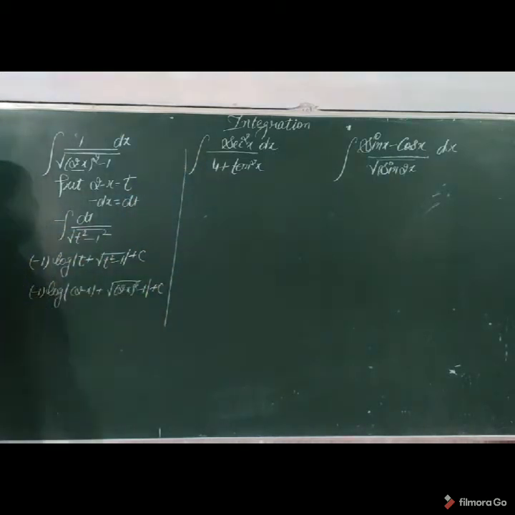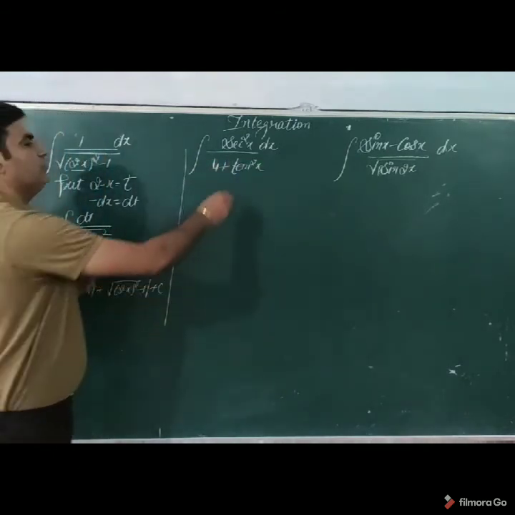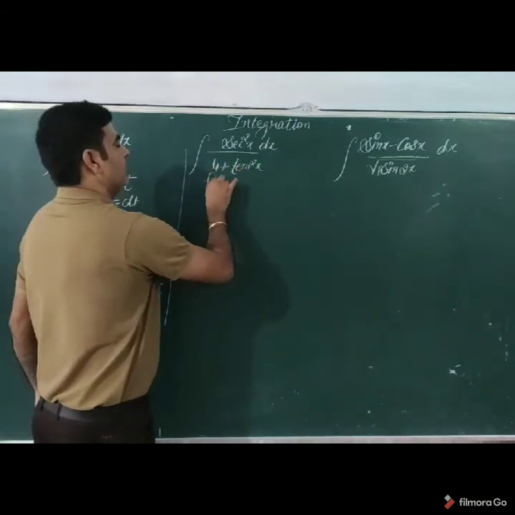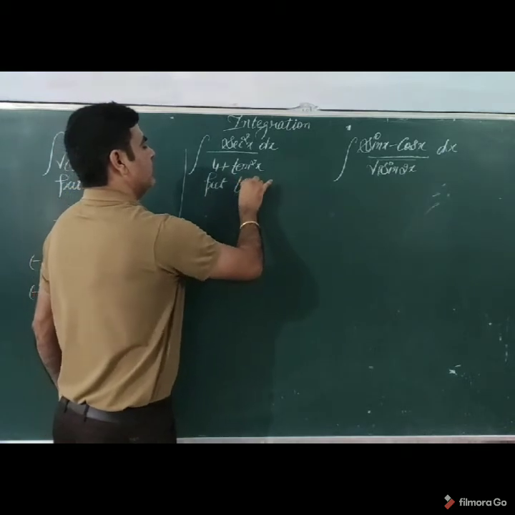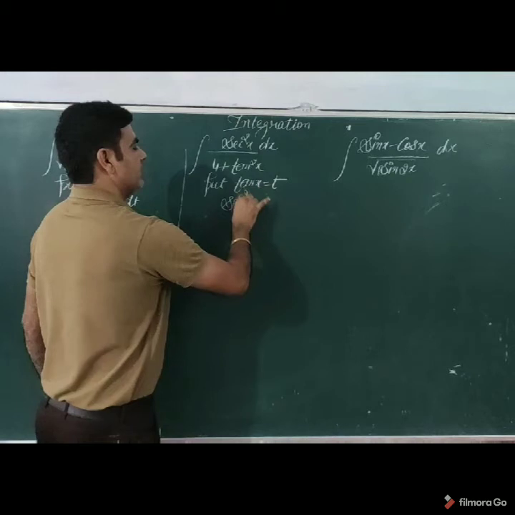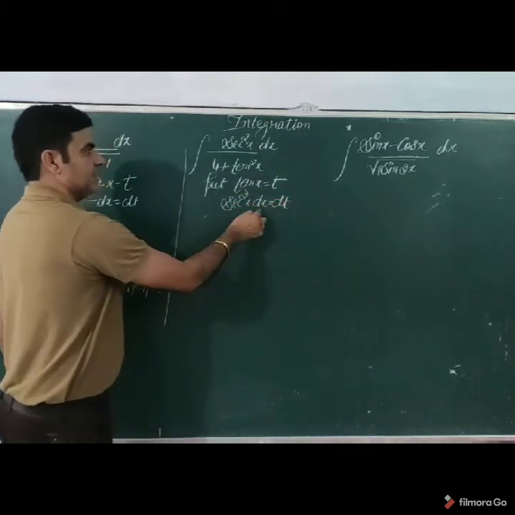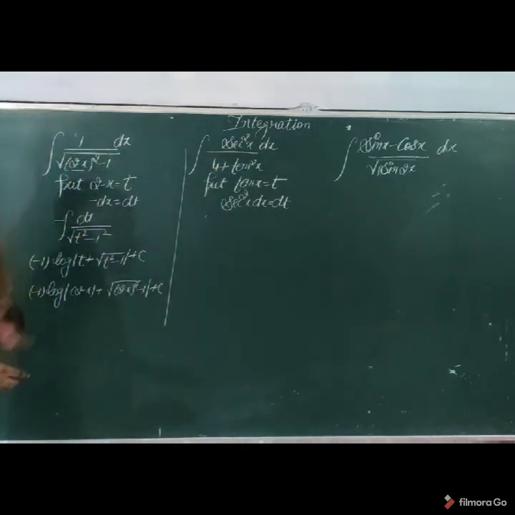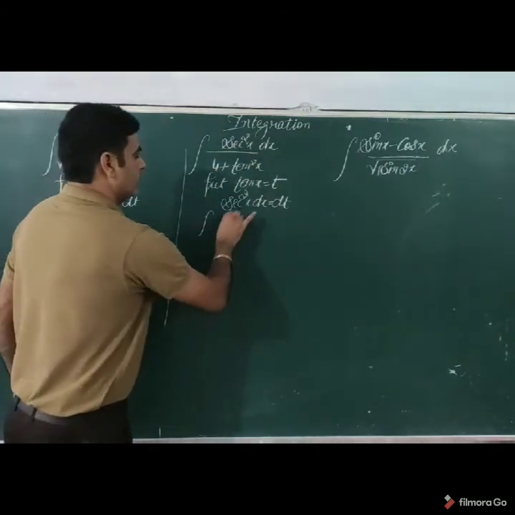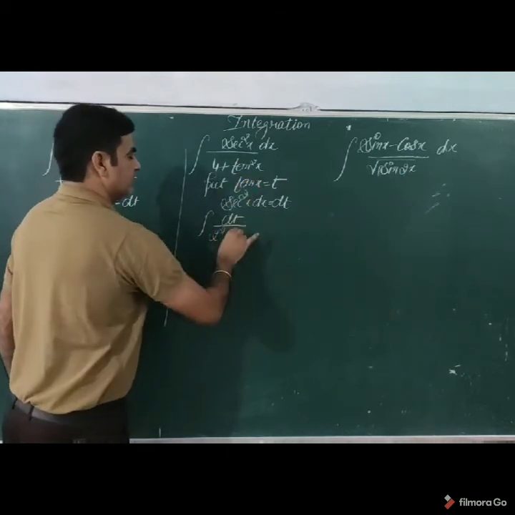If you see here again, we know the rule only for algebra, not for trigonometry. So we are going to make it algebraic. So put tangent of x as t. Derivative of tangent is given by secant square x dx equal to dt. Secant square x dx we are having in the numerator, so the numerator changes to dt divided by 4, which can be written as square of 2, plus square of t.